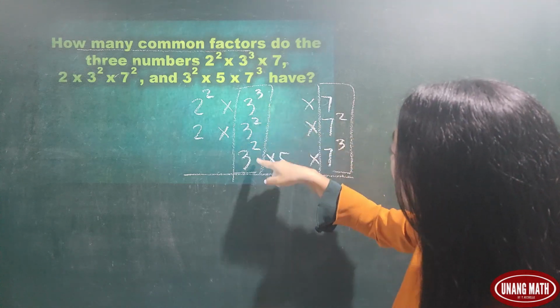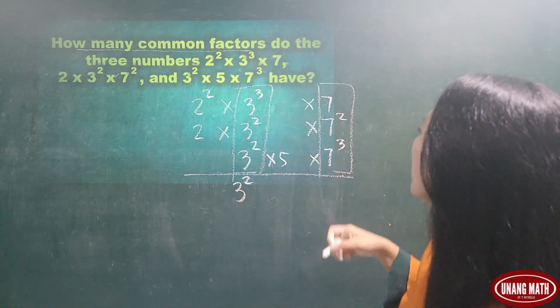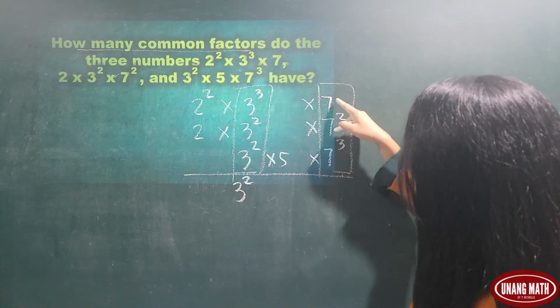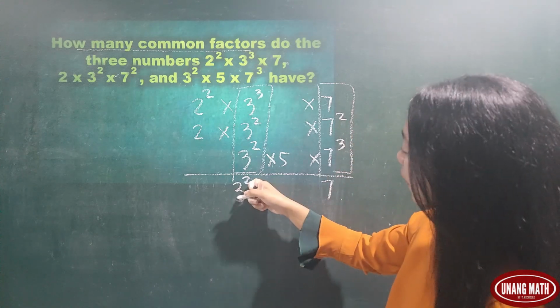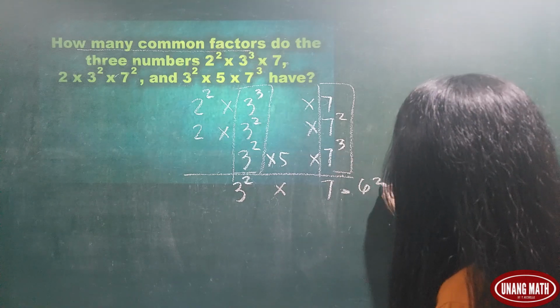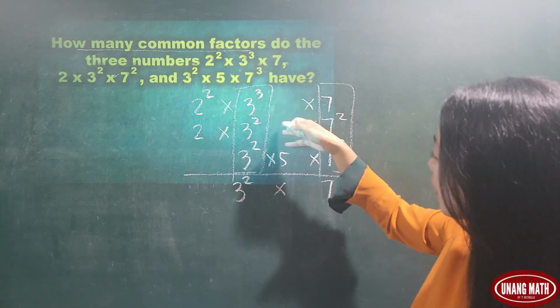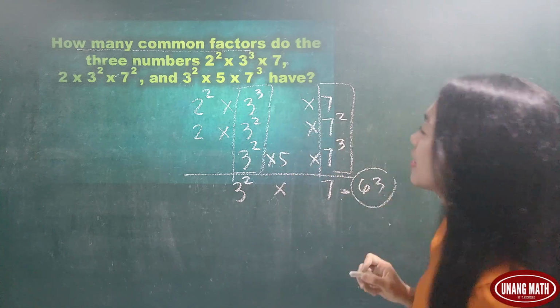Among these numbers, 3 squared is the smallest. And among these numbers, 7 is the smallest. 3 squared is 9, so 9 times 7, the answer is 63. It means this number's GCF is 63.